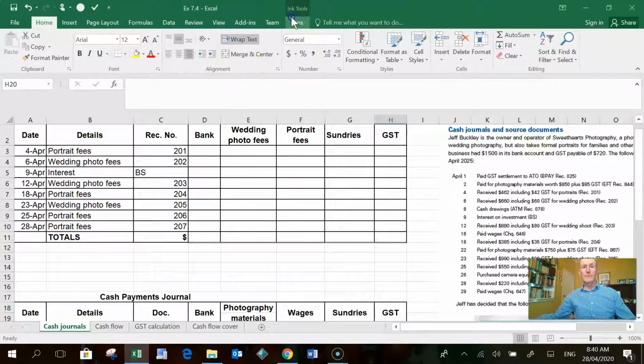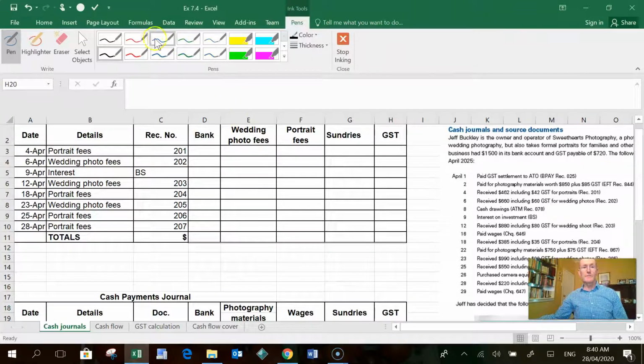With the red pen, the GST payable, that figure there, is what was owed at the start of the period. And what usually happens is then you'll pay it. So we've paid the government.